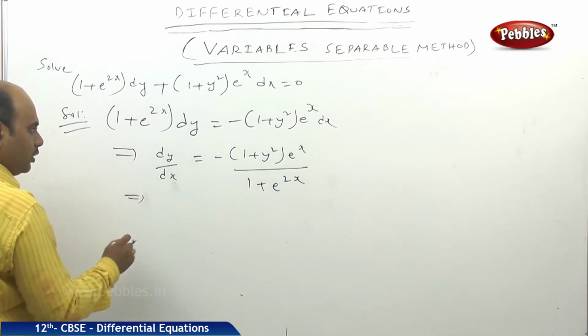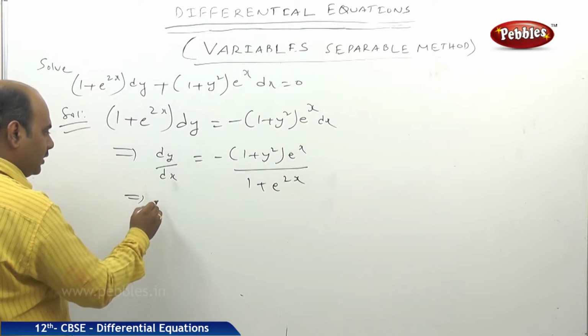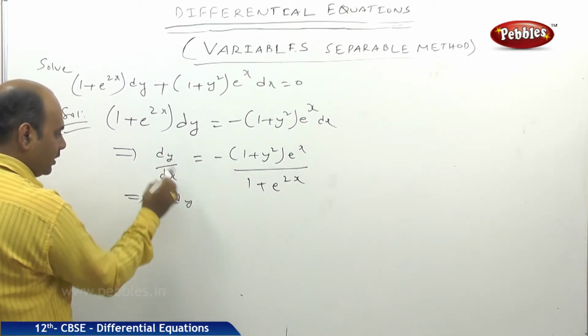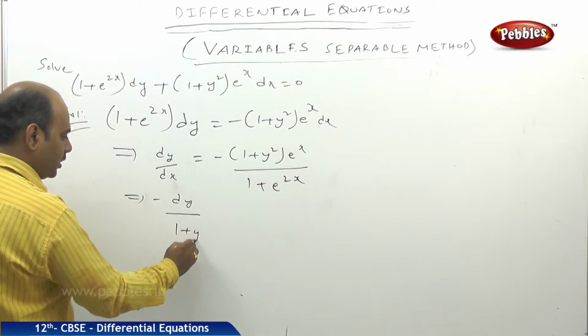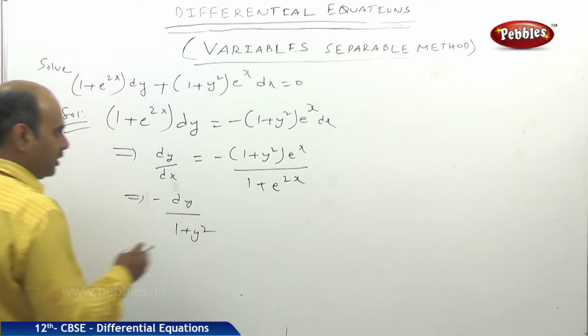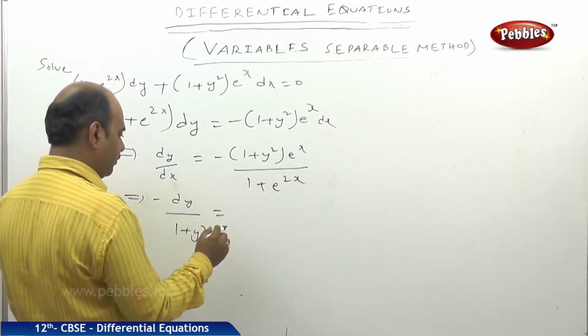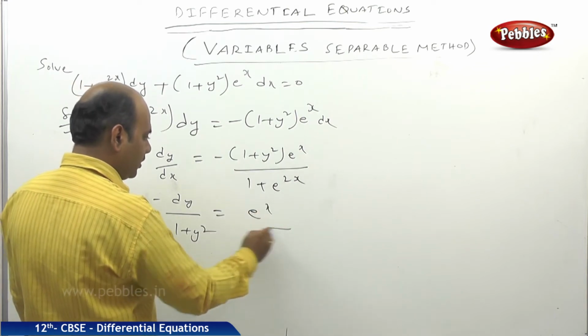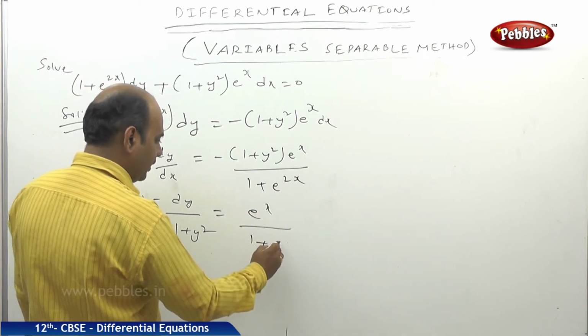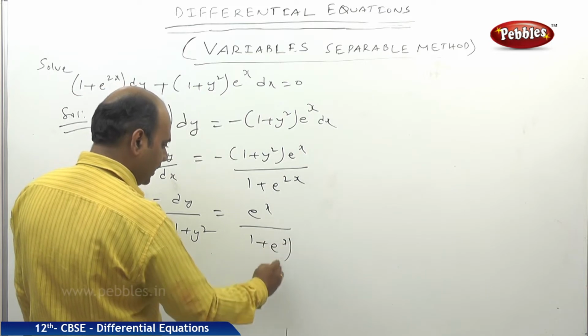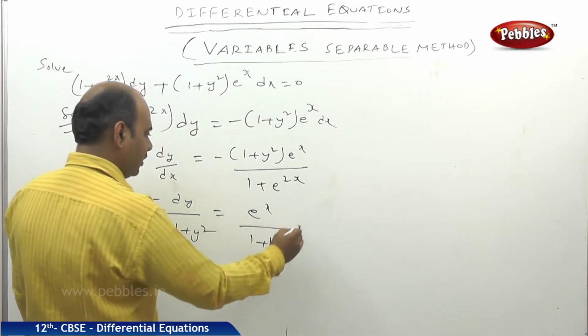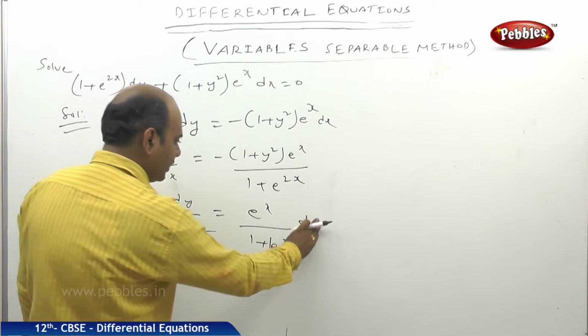So finally I will be making like this, minus dy by 1 + y², and dx I will shift to that side. So there remains e^x by 1 + e^(2x), which I will write as (e^x) whole square, and here there remains dx.